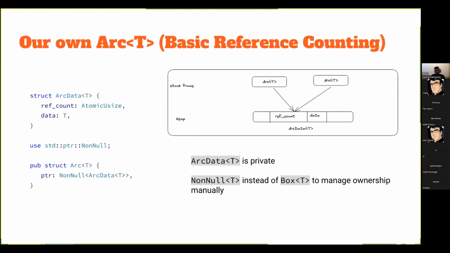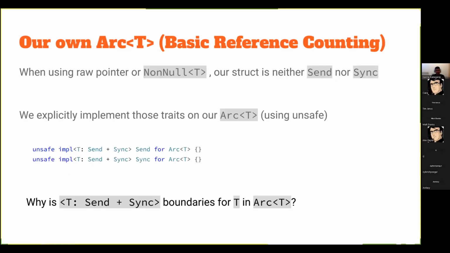We want to manage this ownership manually, so that we decide when to deallocate the data from the heap, not automatically, but whenever we want to. That's why we use the NonNull type instead of Box to store this pointer. And it comes with a cost, right? So back to the thread safety here.